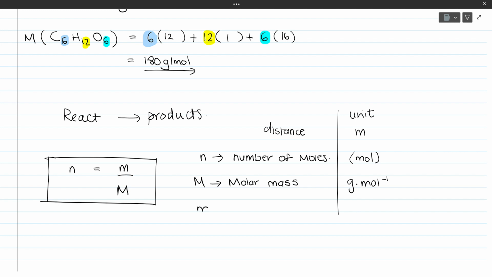And we've got our small m, and the small m is just a measurement of the mass of the sample. This is the same thing as taking that substance and putting it on a scale, and your scale telling you so many grams. So that unit is just grams.